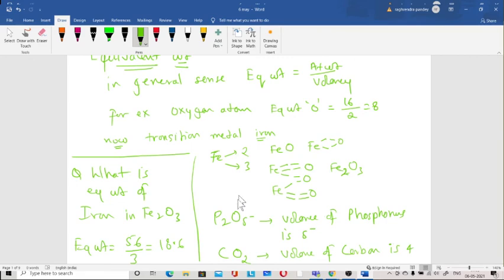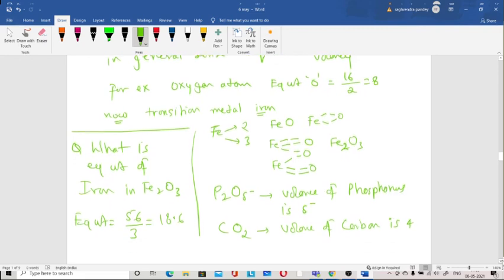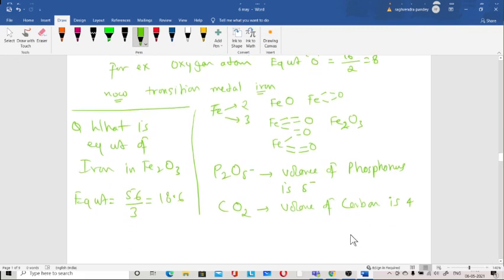Phosphorus can show valency of 3 and also 5. Nitrogen can show valency of 3, 5, 2. Tin can show valency of 2 and 4, like that. So there are various elements which show changing valency.